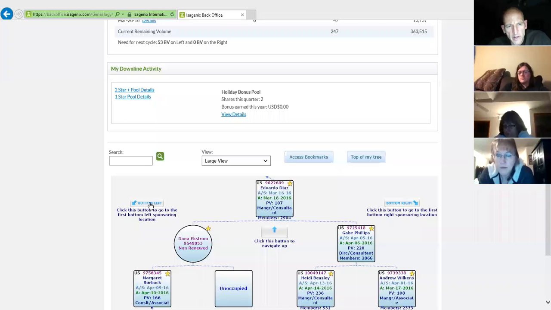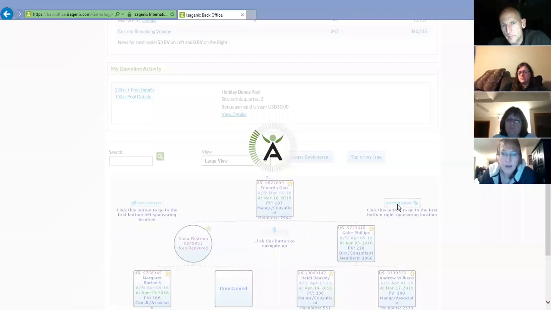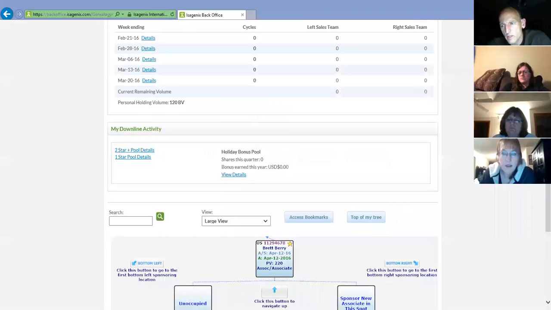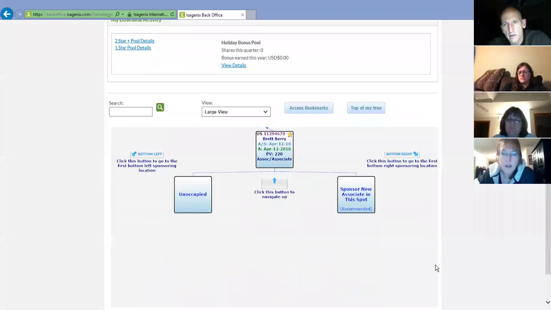But this button right here says bottom left, and this button right here says bottom right, and it's going to take him to the bottom of his tree. In this case, I'll click this one because it's going to show what I want it to show. No matter which of these buttons he pushes, it's going to say the same thing. If I push this button, it's going to take us down here, and it's going to say bottom right. Sponsor new associate in this spot.